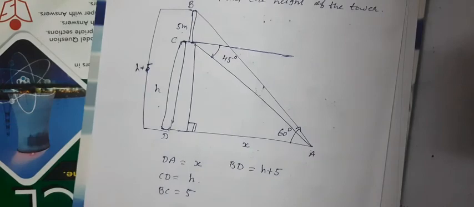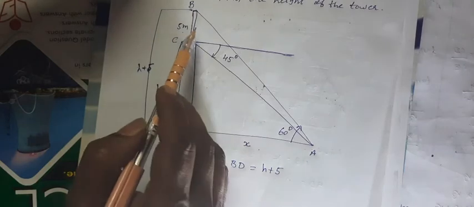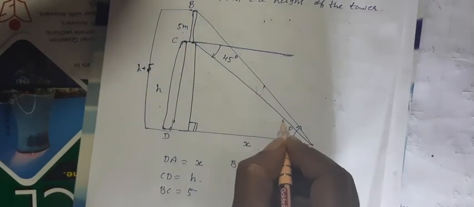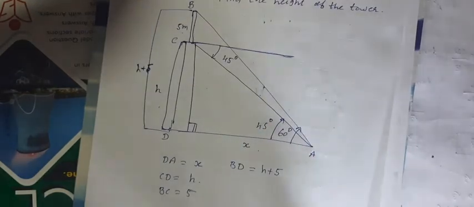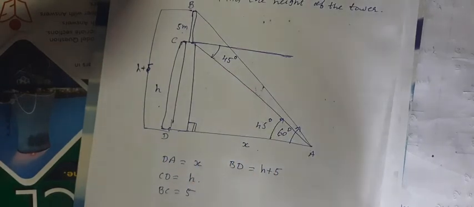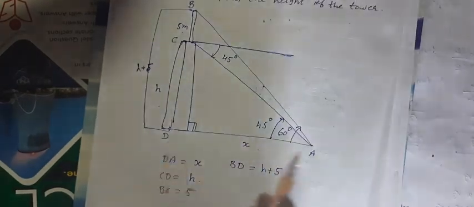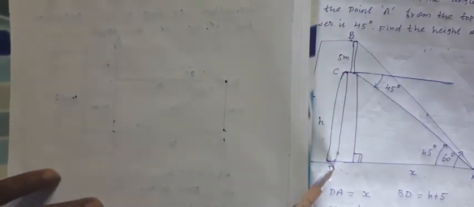First I can take the triangle with the 60 degree angle, and then the 45 degree angle for the angle of depression. The 60 degree angle is in the right angle triangle ABD.